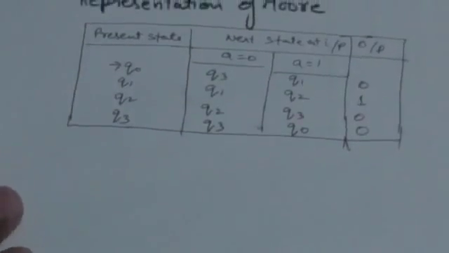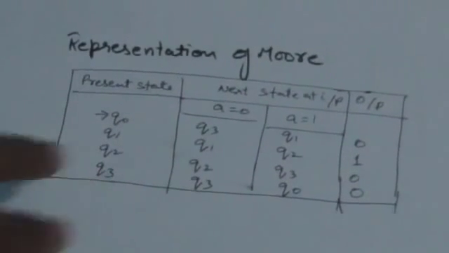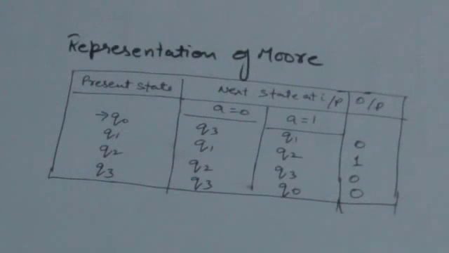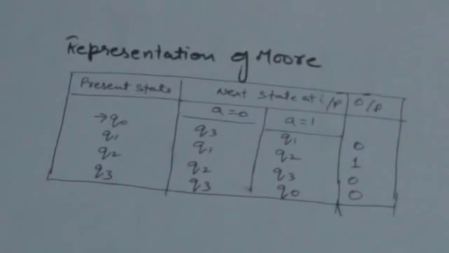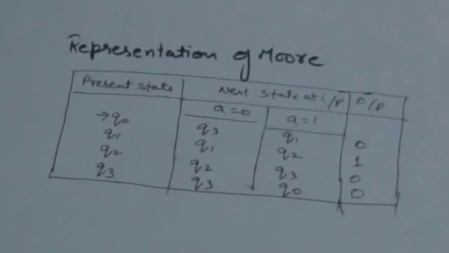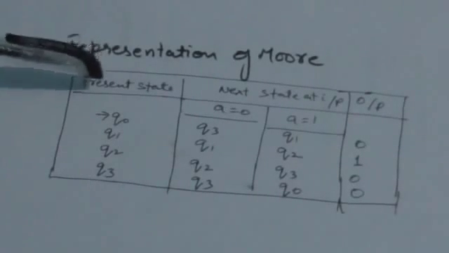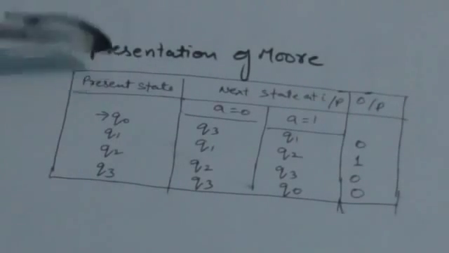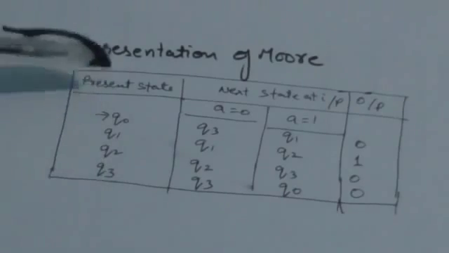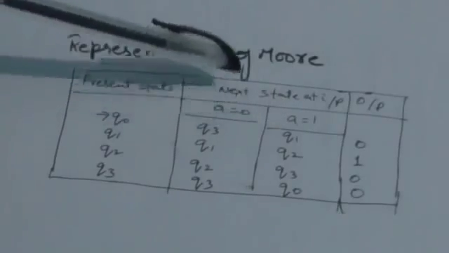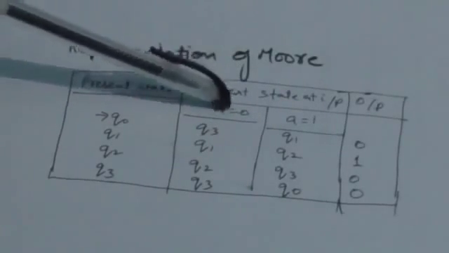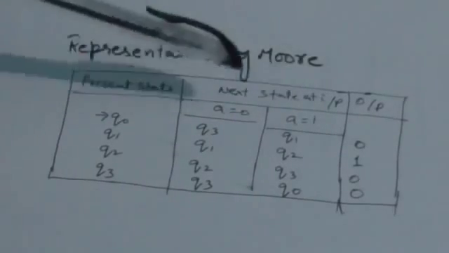Next is the representation of a Moore machine. Here is a Moore machine which is represented in tabular form. Here the states are mentioned, and these are the two inputs which this machine can read, either 0 or 1.